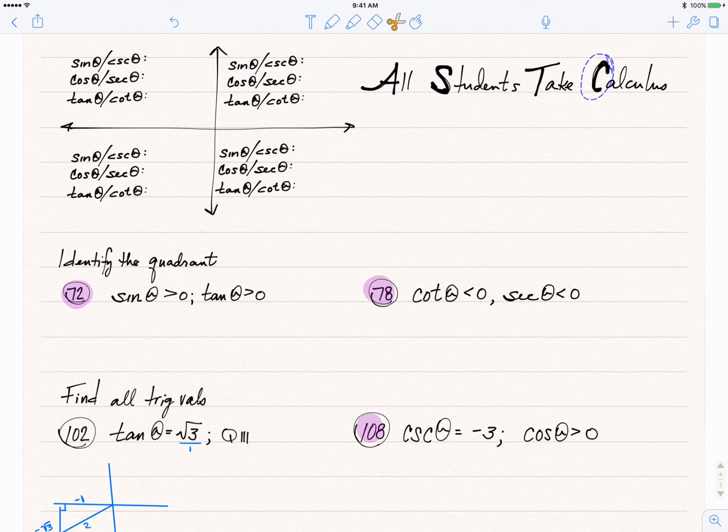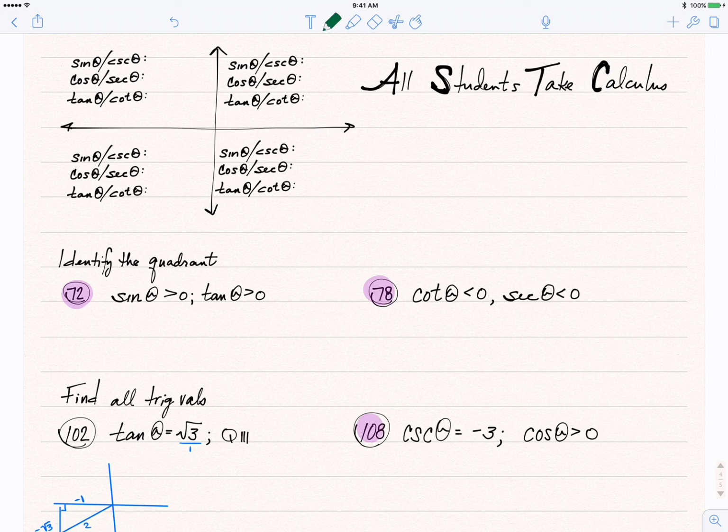So what we want to take a look at is, in each quadrant, which of these trig functions are positive and which of these trig functions are negative. You'll remember from some of the other conversations that we've had, sine is going to be the y value divided by the r value, or the radius value.